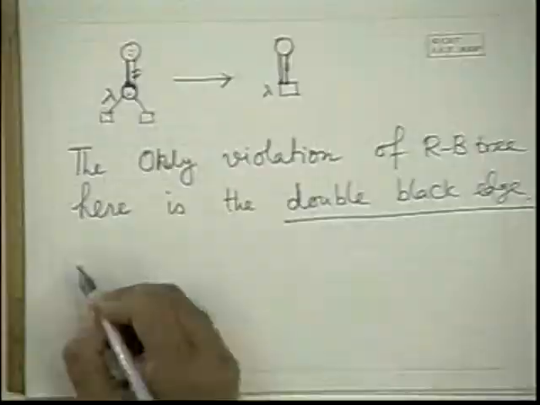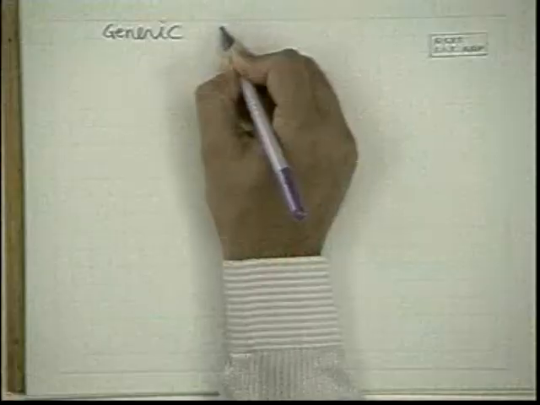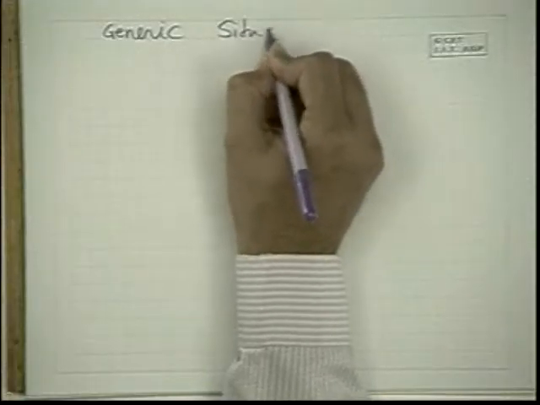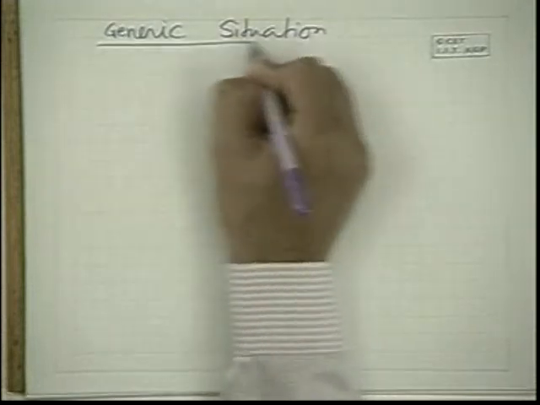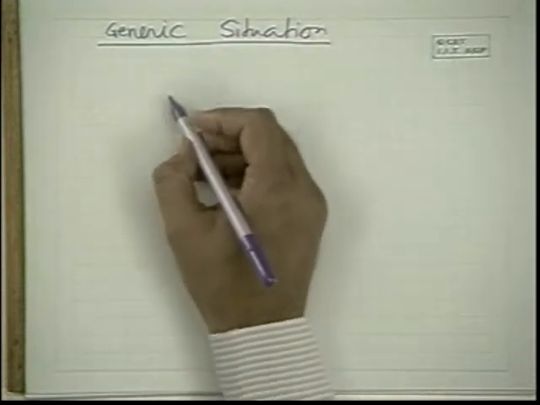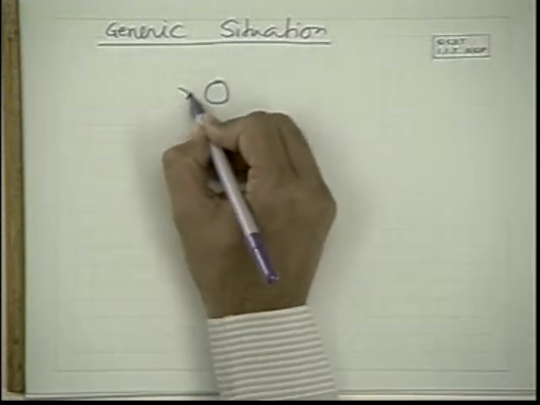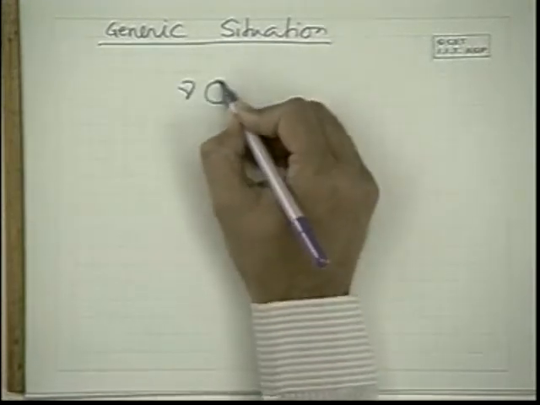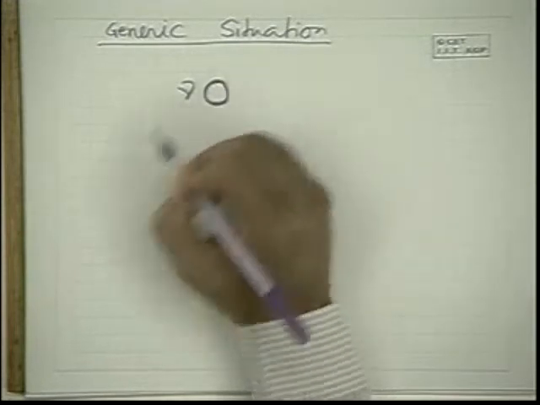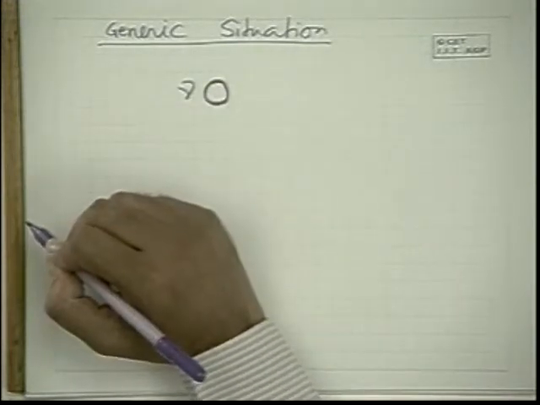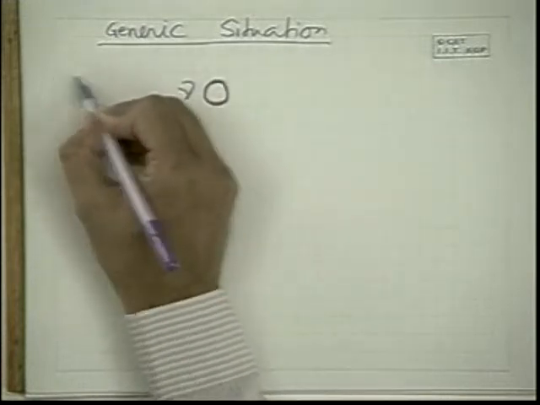I assume a generic situation now. So what is the generic situation? Generic situation is this: I have a node which I will call nu. So we are taking care of the node nu now.